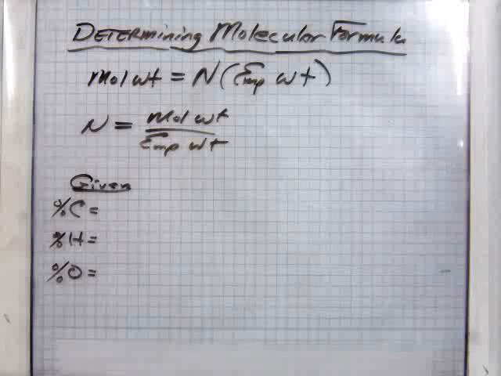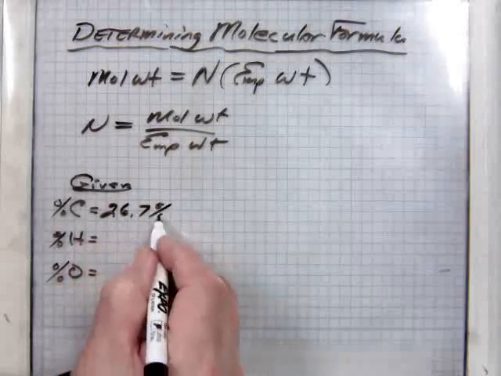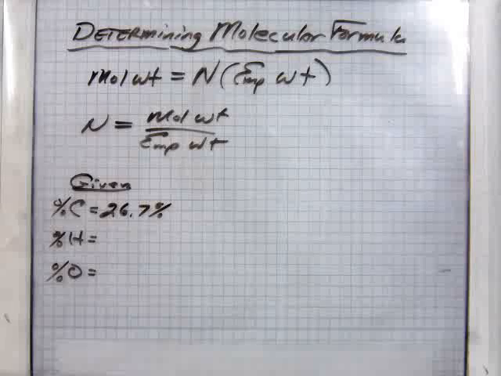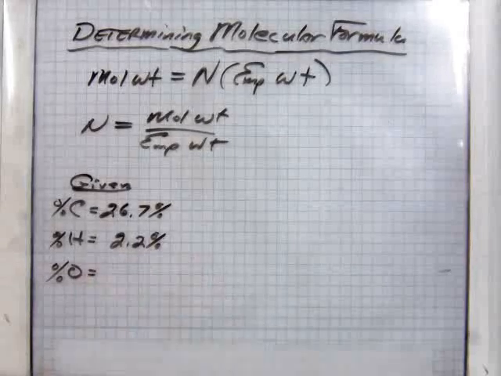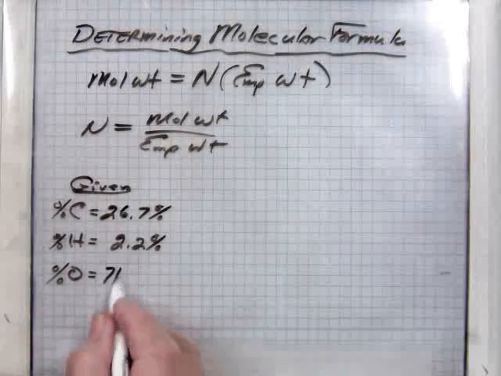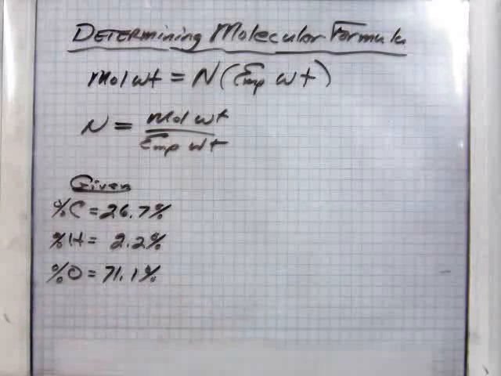So this one gives us carbon 26.7% by weight, 2.2% of hydrogen, and 71.1% by weight of oxygen.